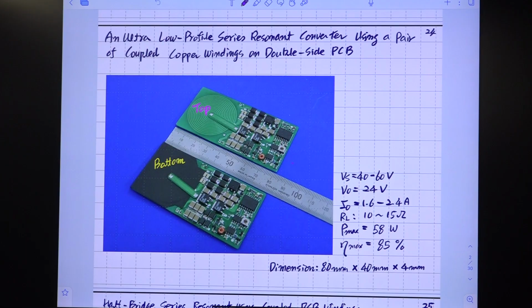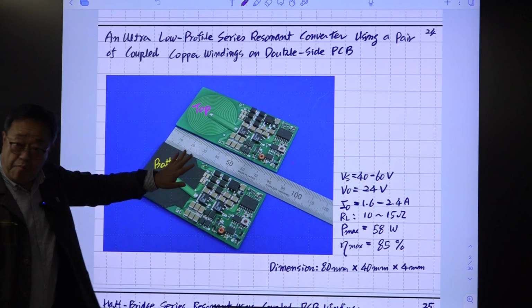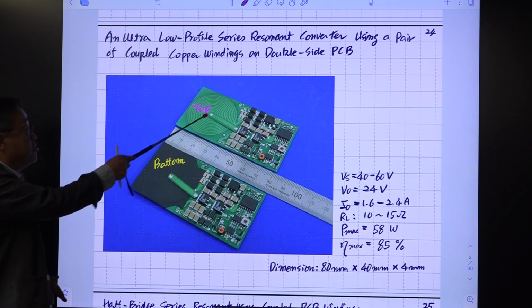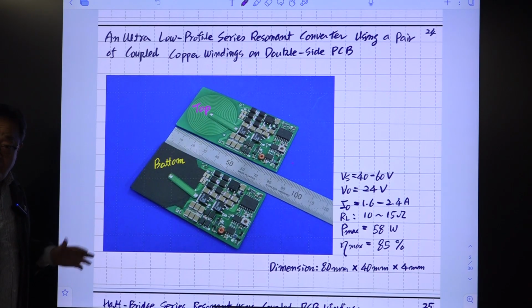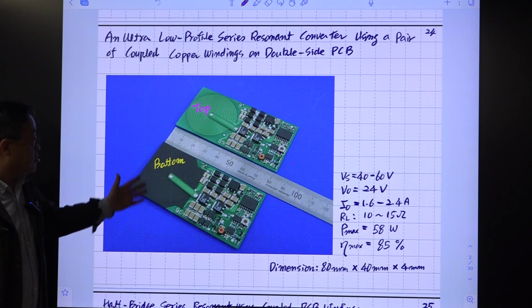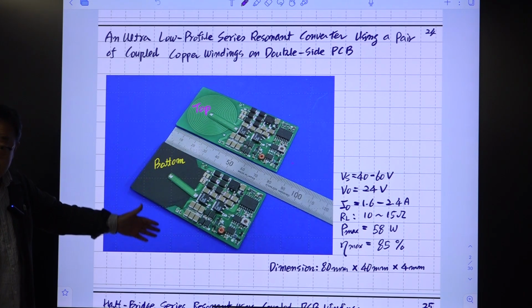This is the magnetic material, but it looks like just sticky tape, right? There is some kind of core material. I used this to shield the magnetic flux generated through this coupled winding. So this was necessary for the magnetic shielding.